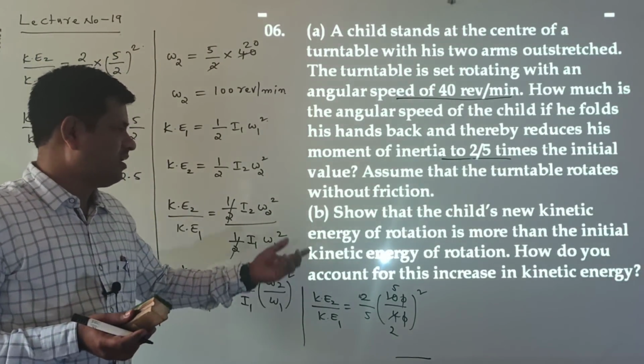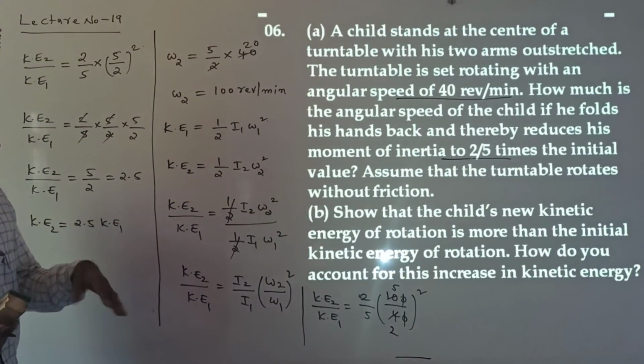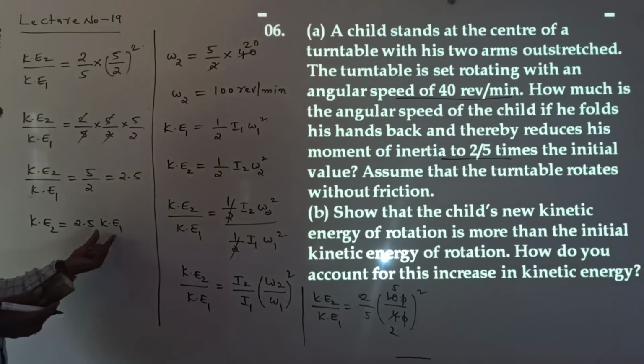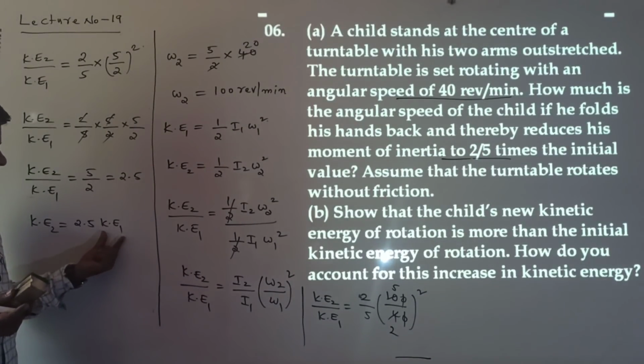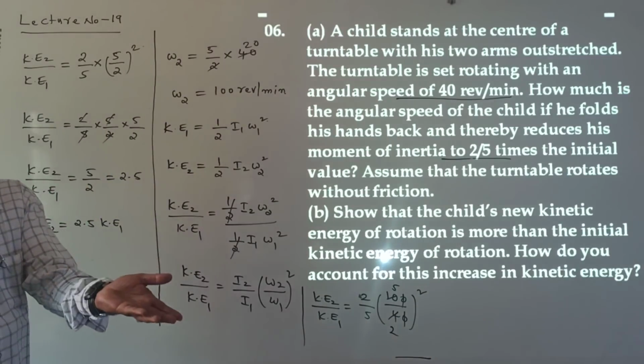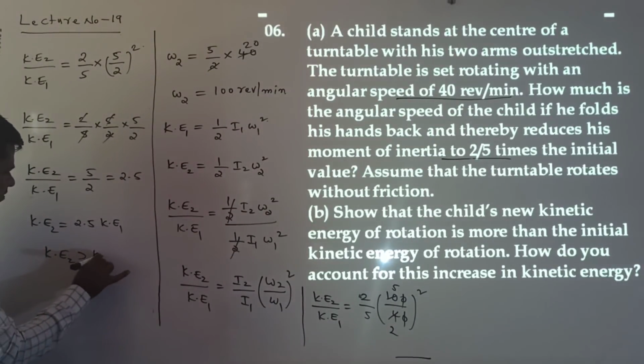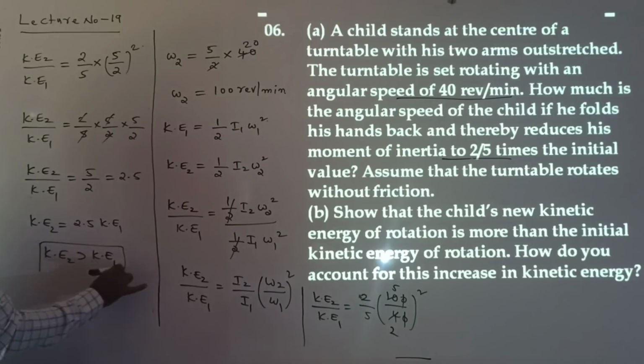That's the reason, what is asked here is to show that the child's new kinetic energy of rotation is more than the initial kinetic energy of rotation. Initial kinetic energy of rotation is KE1, and the new or final kinetic energy of rotation is KE2. From this KE2 is larger than KE1 because KE2 is 2.5 times KE1. So KE2 is greater than KE1.